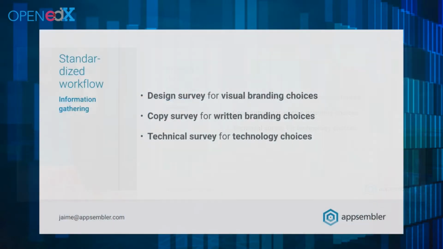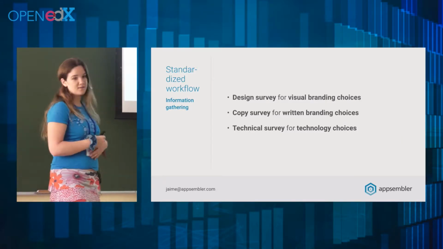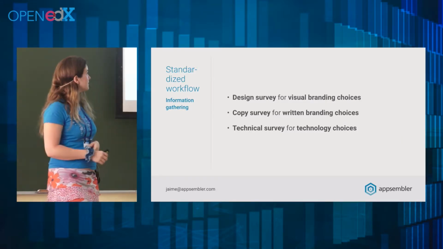Now, after that, we moved towards a more standardized flow, and we used that for quite a few clients. So we handed off 3 surveys. We said, hey, here's a design survey with branding choices. Please talk it over with a branding team member and get it back to us. And if you have comments, questions, discuss them with us.